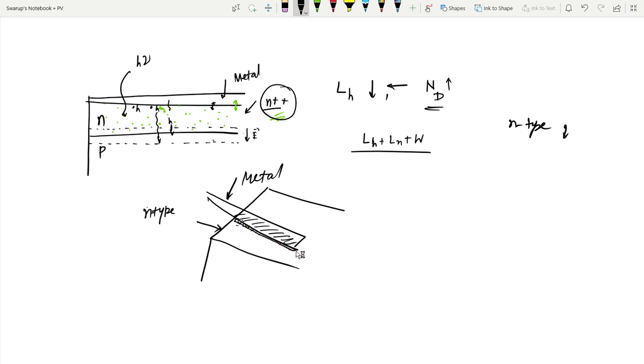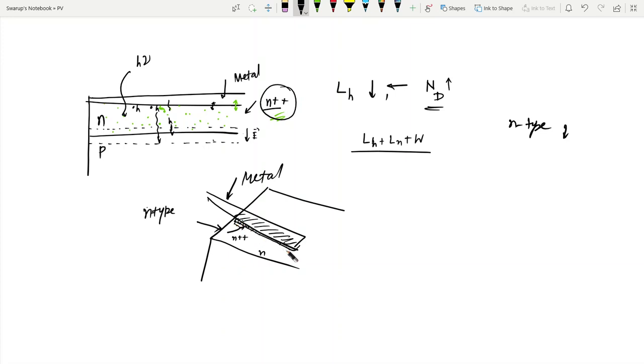Because this metal is later screen printed, we can mask the whole wafer, and then dope heavily only this region where we'll be putting the electrode later. So only the region below the metal we can make N plus or N plus plus, while the other region is N type.